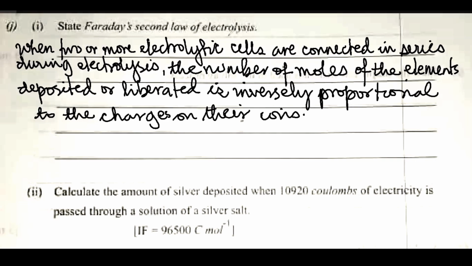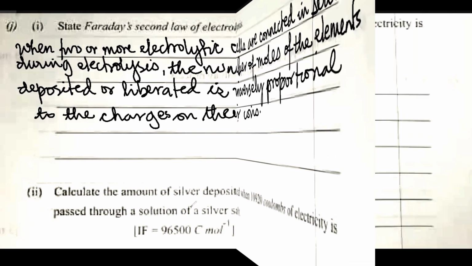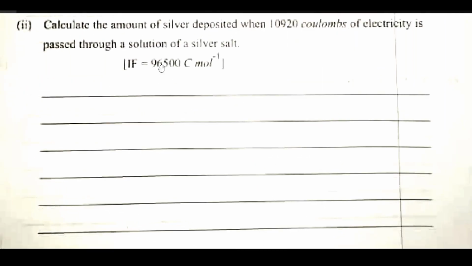Okay, so that is Faraday's second law of electrolysis, right? Then the next question says calculate the amount of silver deposited when 1920 coulombs of electricity is passed through a solution of silver salt. All right, so the first thing we do here is to write the equation for the reduction of what? Silver, and that will be Ag+ plus electron giving us Ag solid, right?